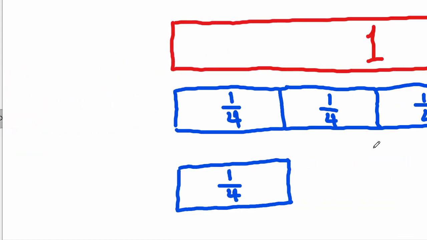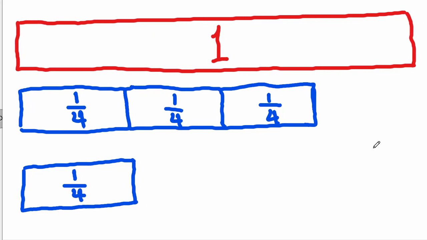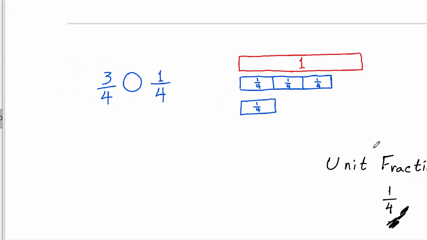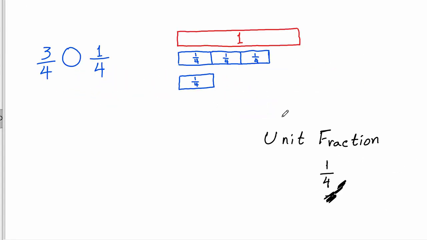And when we start drawing, we start by drawing the whole one first. So the fractions refer to the same whole. Then after the whole one, we draw the first fraction, which is 3/4, and the second fraction, which is 1/4. Of course, I told you that the unit fraction that we are using here is 1/4. So how many 1/4 do we need to represent 3/4?